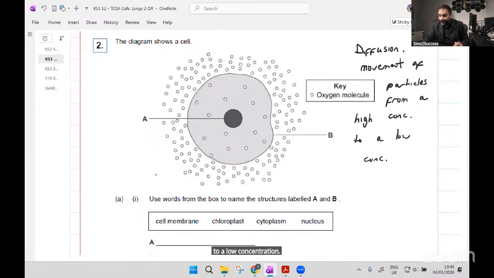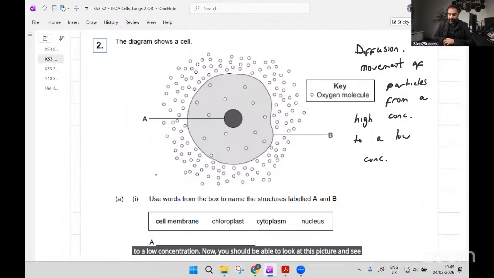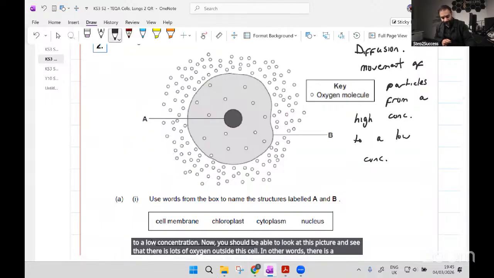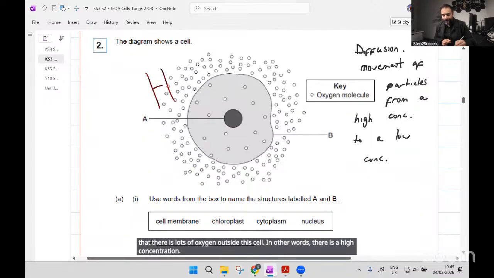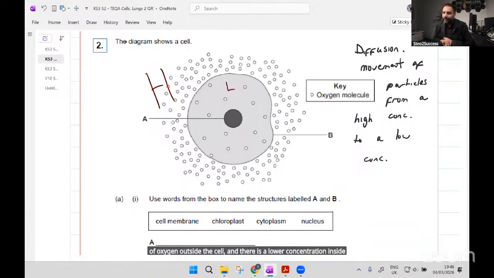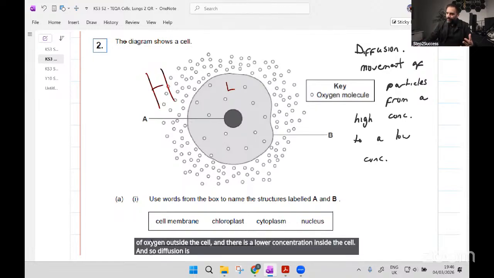Now, you should be able to look at this picture and see that there is lots of oxygen outside this cell. In other words, there is a high concentration of oxygen outside the cell, and a lower concentration inside the cell. And so diffusion is when these particles move from a high to a low concentration.